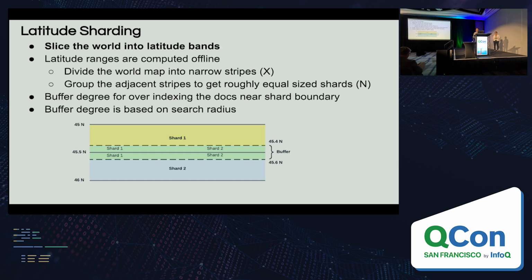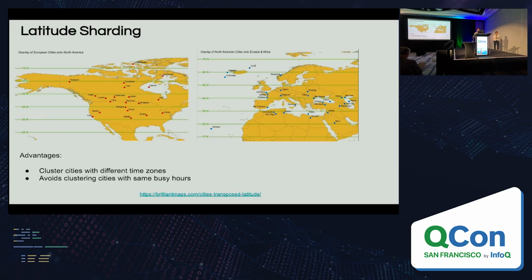We know that the queries are at max going to go for a 50-mile or 100-mile radius. Then we find the latitude degree that maps to that radius, and that's the buffer zone. Any document that falls in the buffer zone is indexed in both shards. So with latitude sharding, we get this benefit of cities from different time zones getting co-located in the same shard.